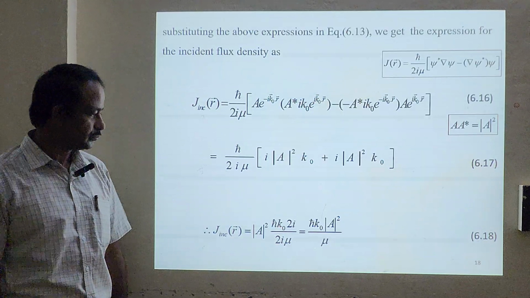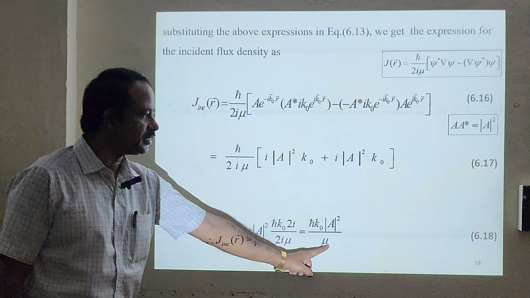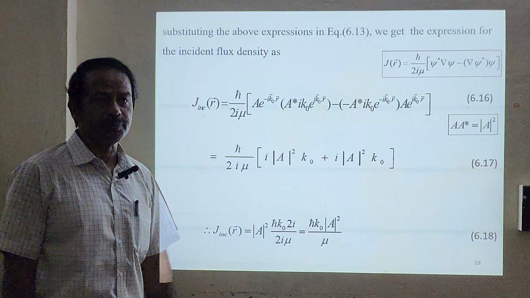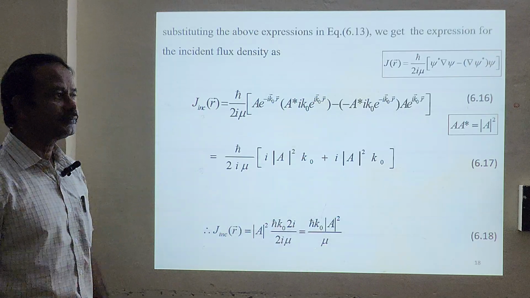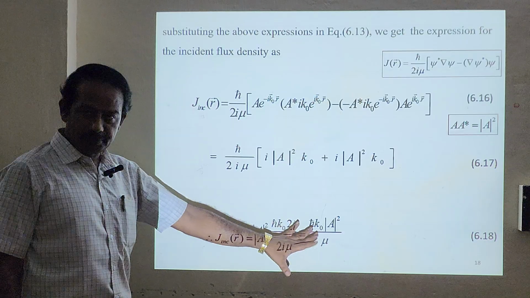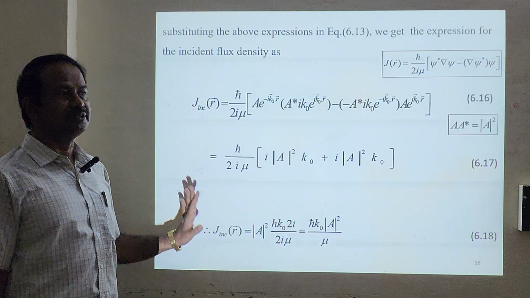Any doubt? These 2i will cancel. So j incident will be h bar k naught mod a square divided by mu. This is equation 6.18. We will be using this expression later, so remember this one. Any doubt? So we have now calculated j incident.